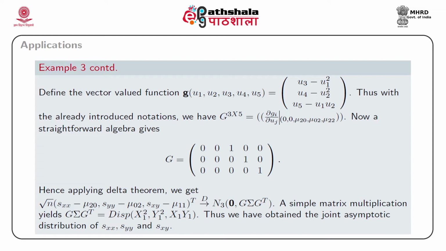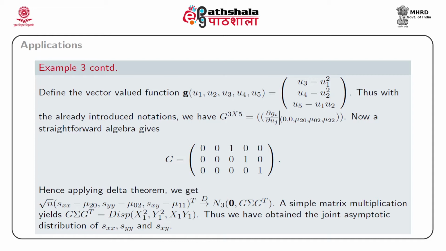Hence, applying the delta theorem, we get the large sample distribution of Sxx, Syy and Sxy as a 3-variate normal with mean vector 0 and dispersion matrix G sigma G dash. Now, a simple matrix calculation expresses G sigma G dash as the dispersion matrix for the vector with elements x1 square, y1 square, x1 y1. Thus, we have obtained the joint asymptotic distribution of Sxx, Syy and Sxy.